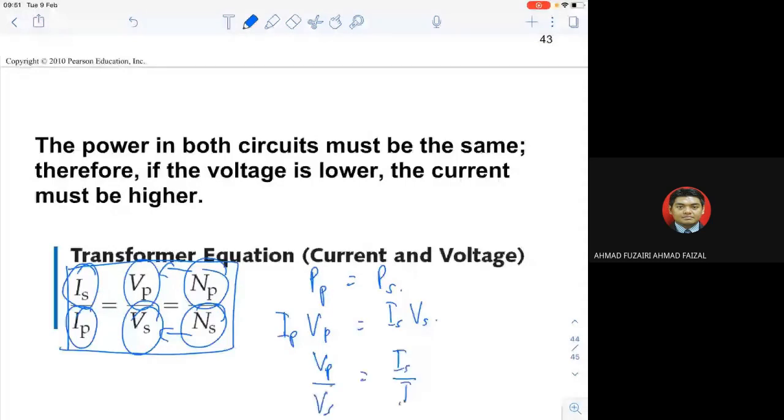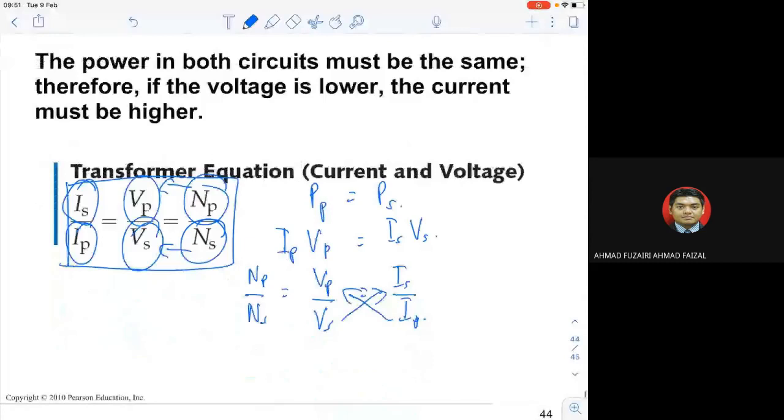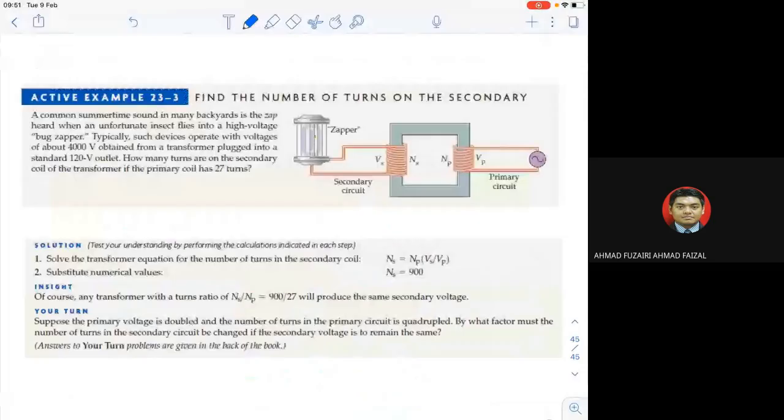Remember, VP and VS look like that, but N will follow VP: NP over NS. Simple. So these are the examples, the last examples of the transformers.